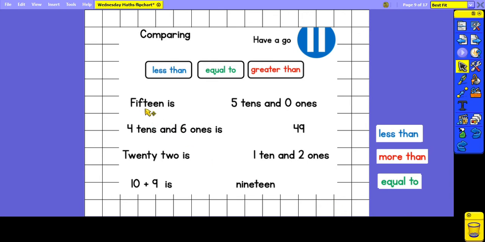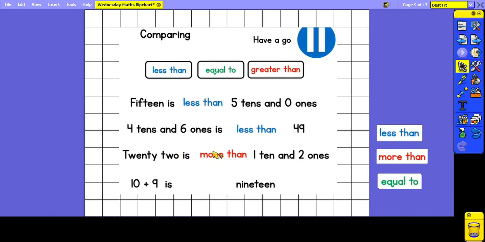Okay, so the first one, 15, is less than 5 tens and 0 ones, because 5 tens and 0 ones is 50. 4 tens and 6 ones is 46, and that is less than 49. 22 is more than 1 ten and 2 ones. 1 ten and 2 ones is 12.